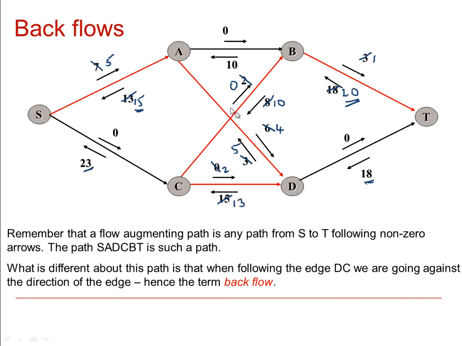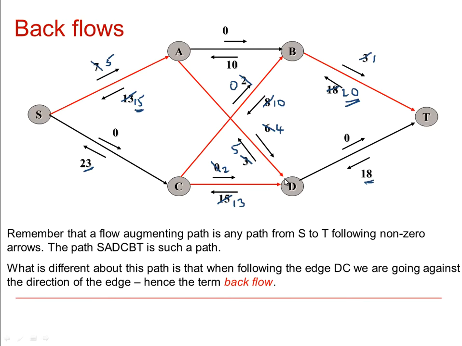So that means that the extra 2 that we've sent from S to A to D can go along this route, so that instead of that 18 there being made up of 15 plus 3, it's now made up of 13 plus 5. So we've redistributed the flow in this area of the network.